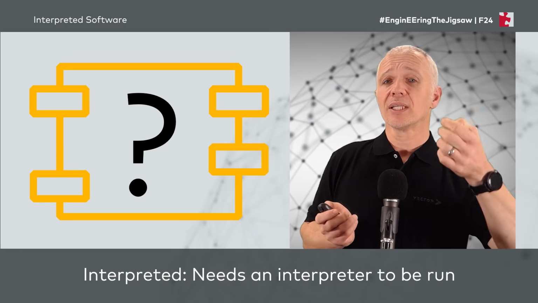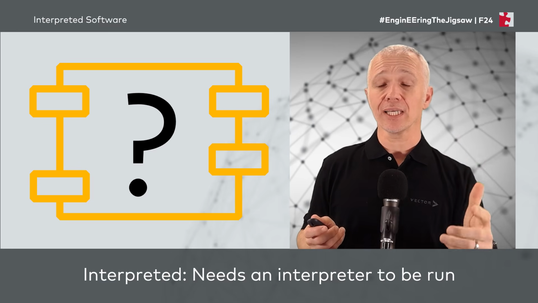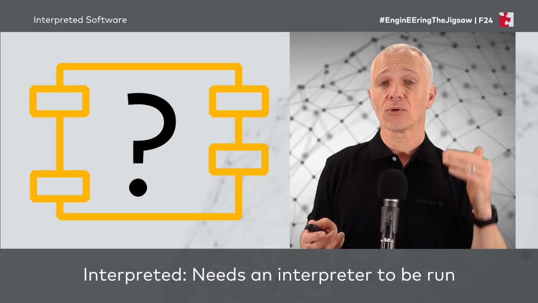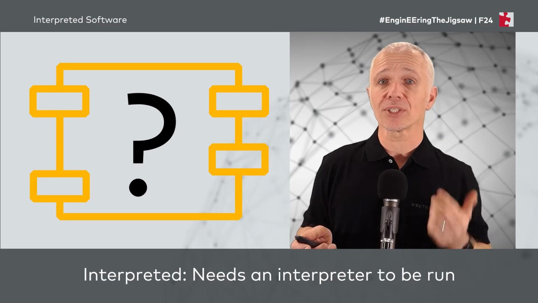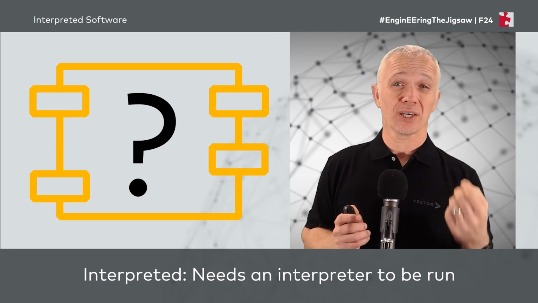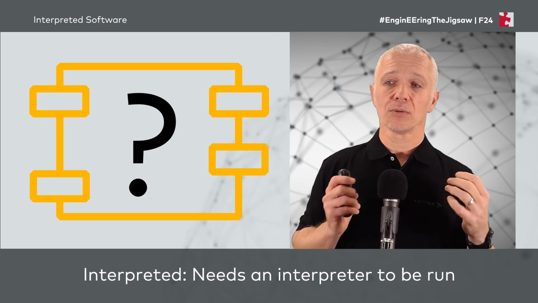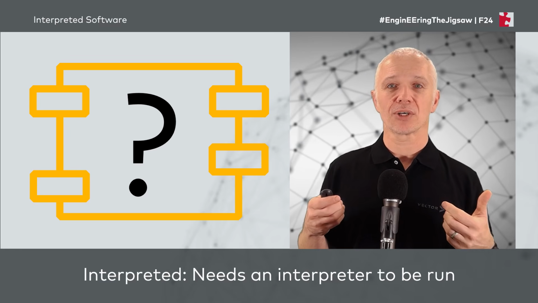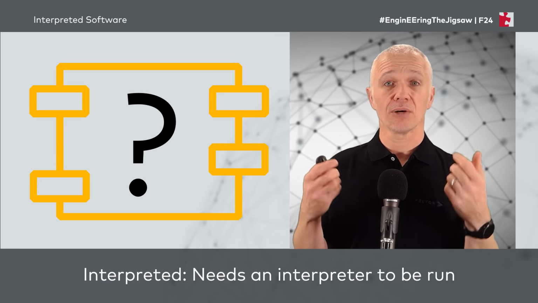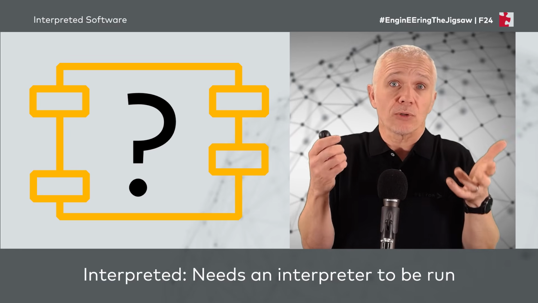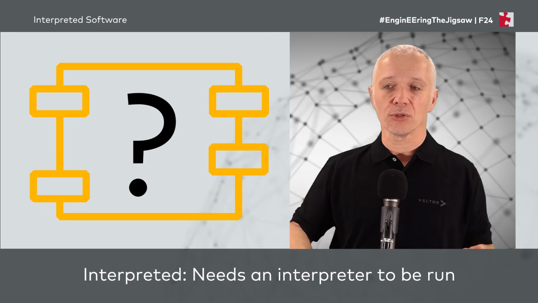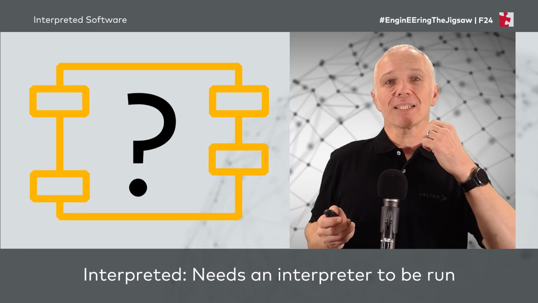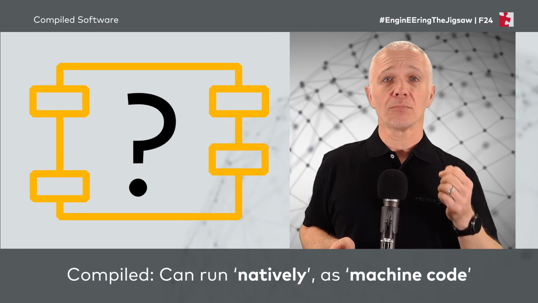And also, the interpreter actually runs a process before it runs the software every single time. So it actually kind of compiles the software every time it's run. So we have this process of compilation happening every time, which can be wasteful, let's say, in terms of execution time. So let's think about compiled software.